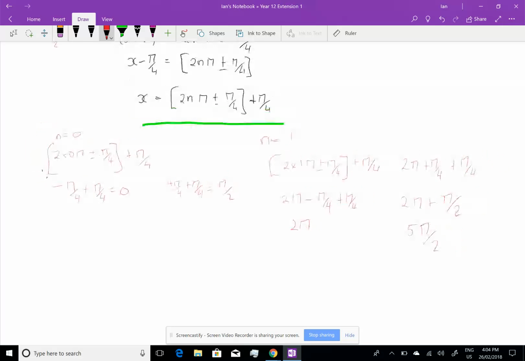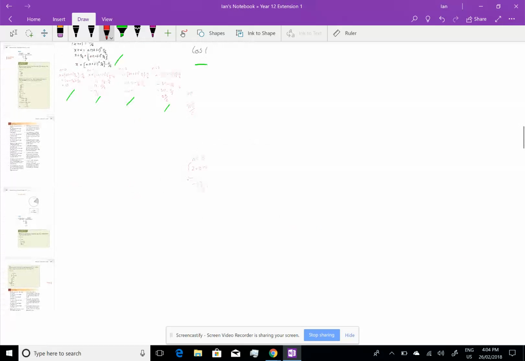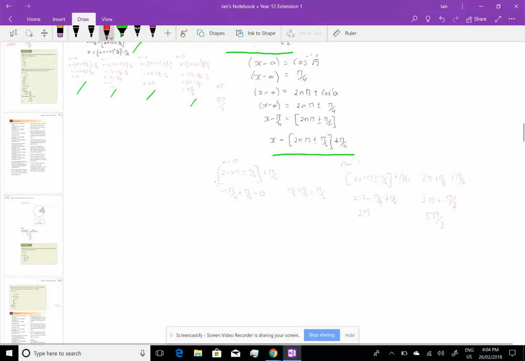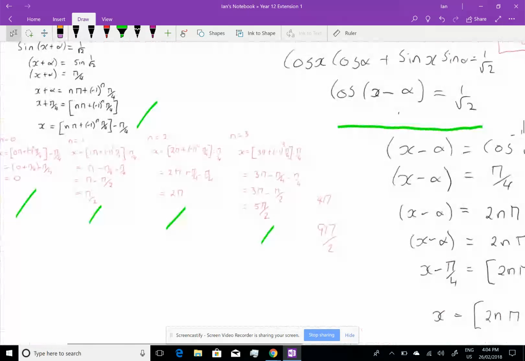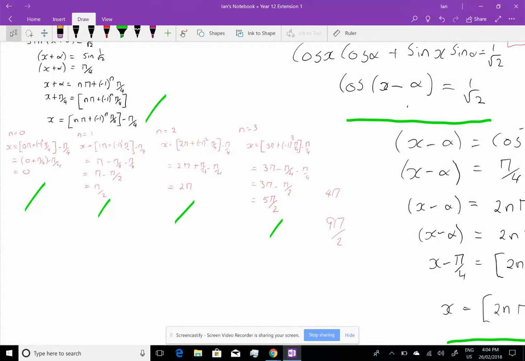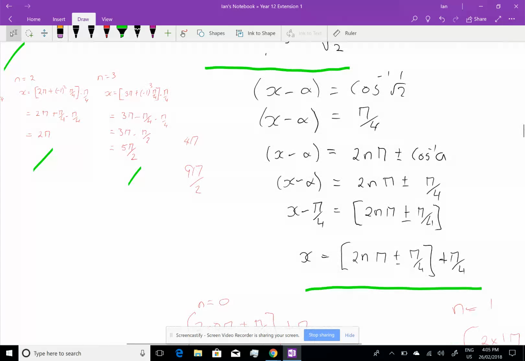And we already know that they're the same answers: 0, pi on 2, 2 pi, 5 pi on 2. So two different formulas, one coming from using sine and one coming from using cos. And you could get a third one by using tan.